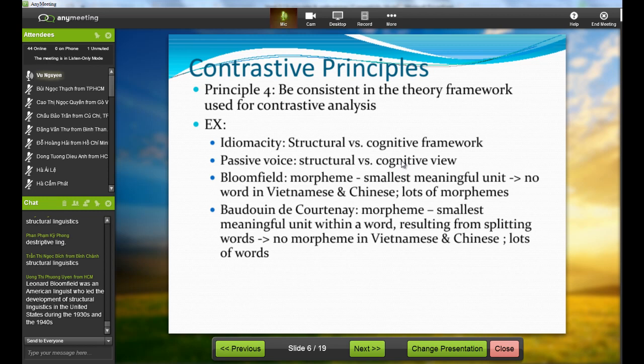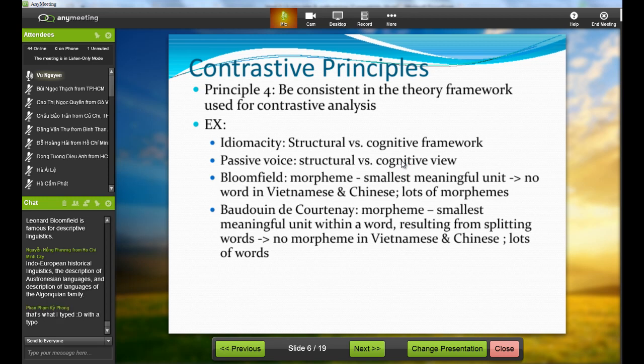During the early decades of the 20th century, Bloomfield successfully described the language of the native Indian people in America using the descriptive linguistic framework. All right.